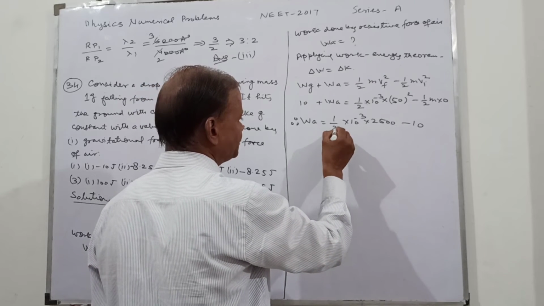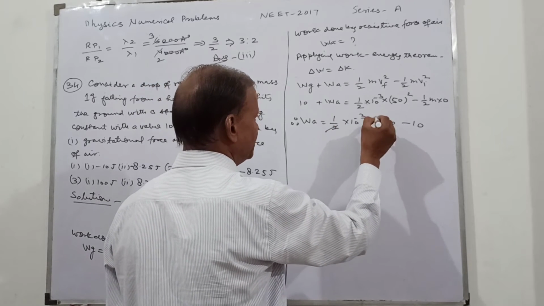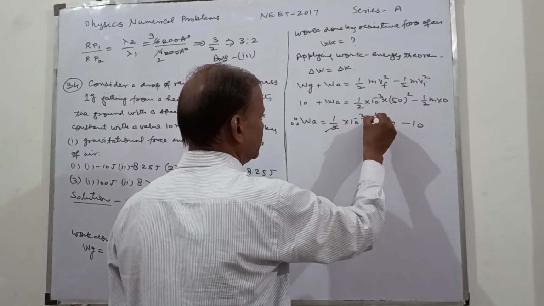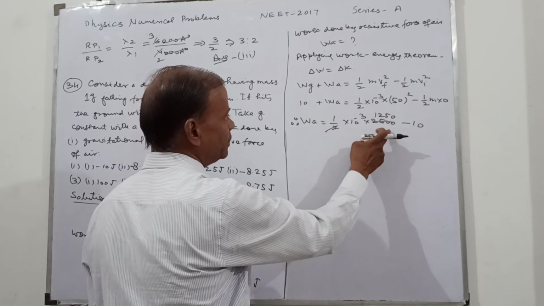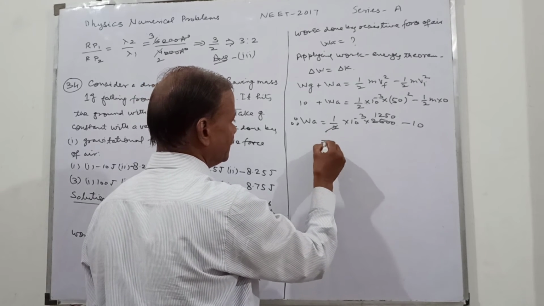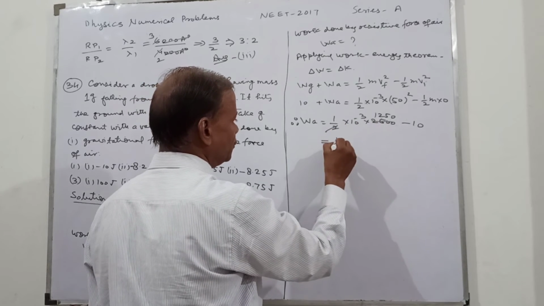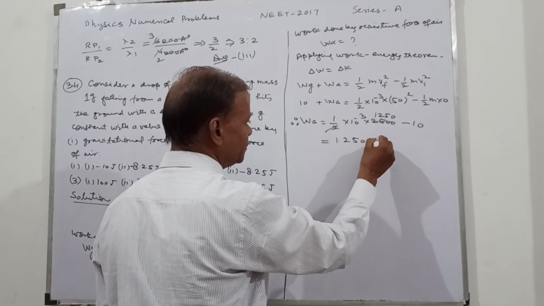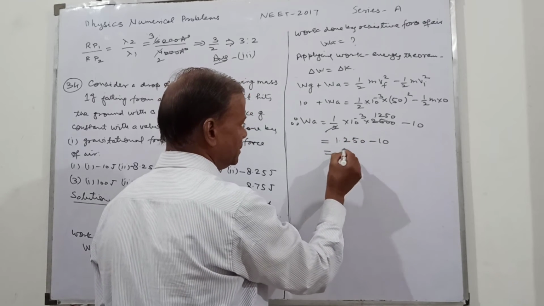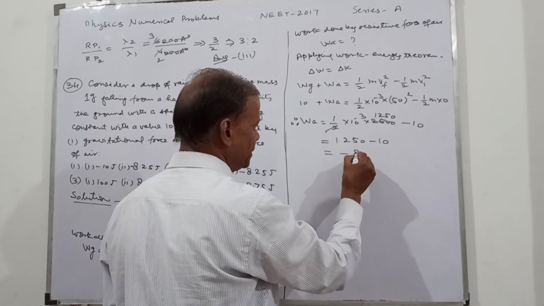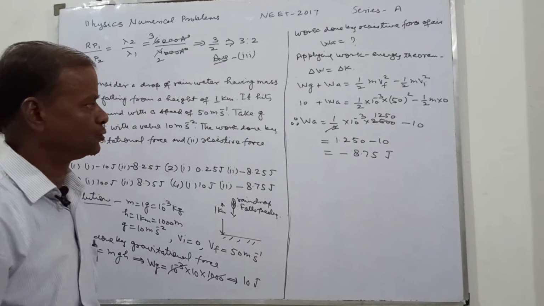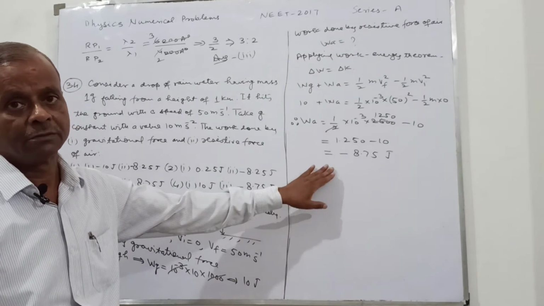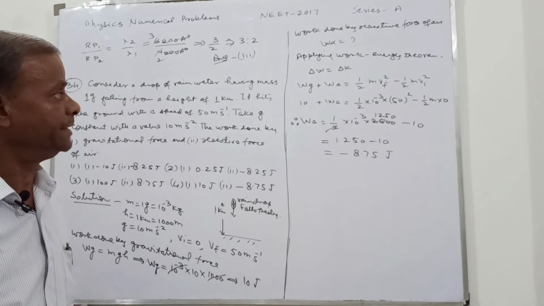So you can have this now as 1250. Then this is 1.250 minus 10, so it's minus 8.75 joule. So much work will be done by the resistive force of the air.